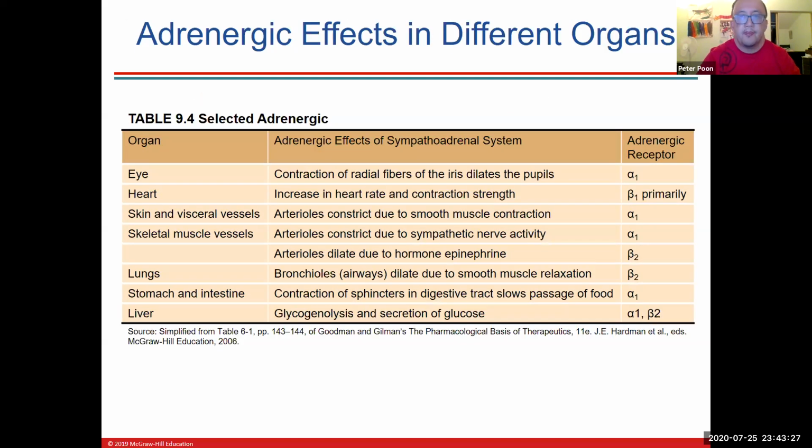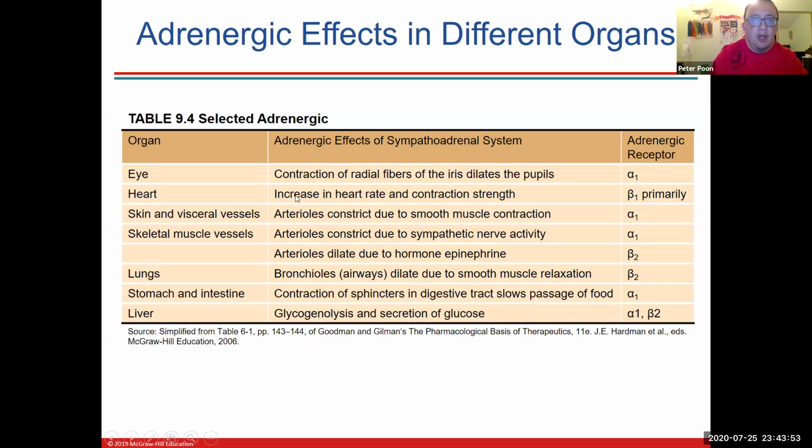So if you think of your fight or flight response, let's go through alpha 1 first. Alpha 1 is going to contract the radial fibers of the iris, which in turn dilates the pupils, so you can see better.